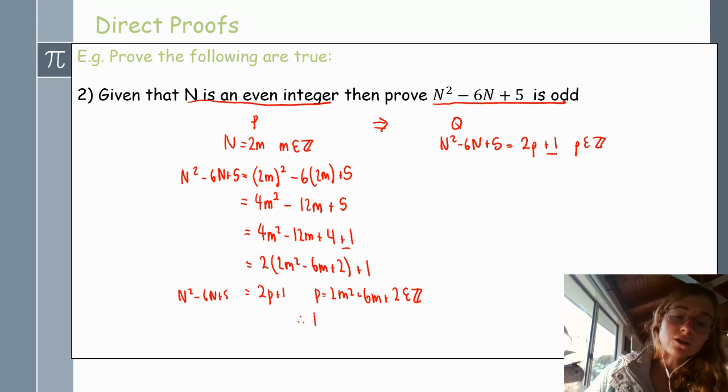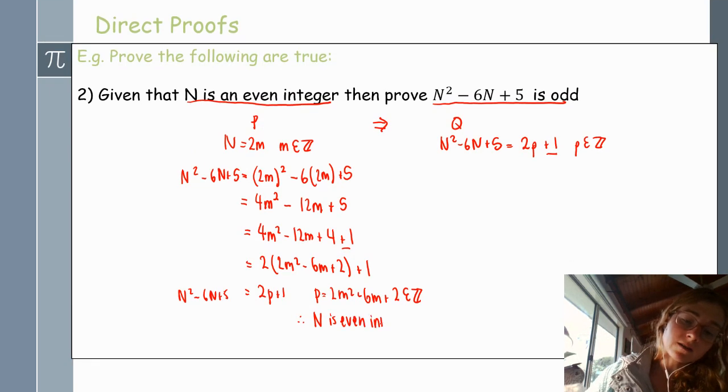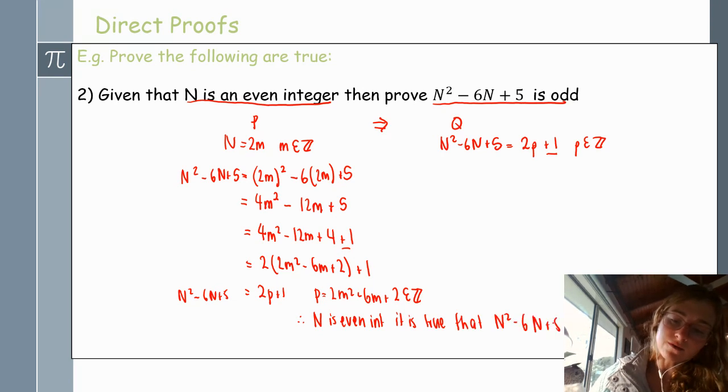So that's your conclusion. So n is an even integer, it is true that n squared minus 6n plus 5 is odd.